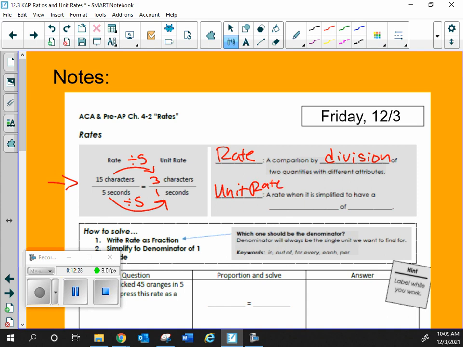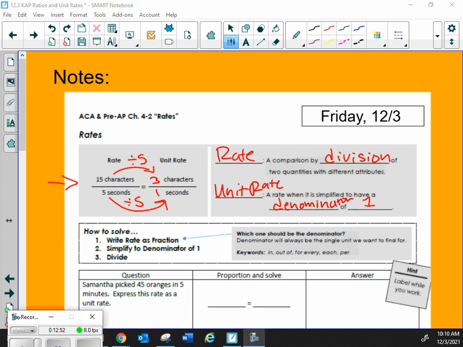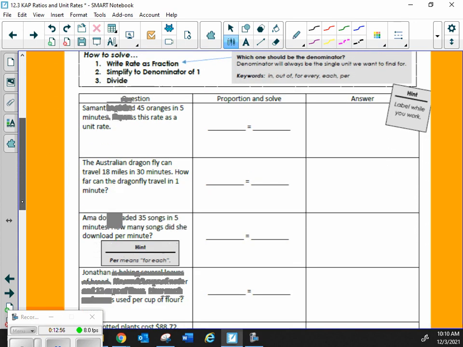It's when it is simplified to have a denominator of 1, because some rate gives you some amount and you want it per 1. Typically you will want to set it up so the 1 is on the bottom. Technically you can put it on the numerator, but you have to flip it around and do all this stuff. Pretty simple. Set up your rate. Divide. That's how you do unit rate.